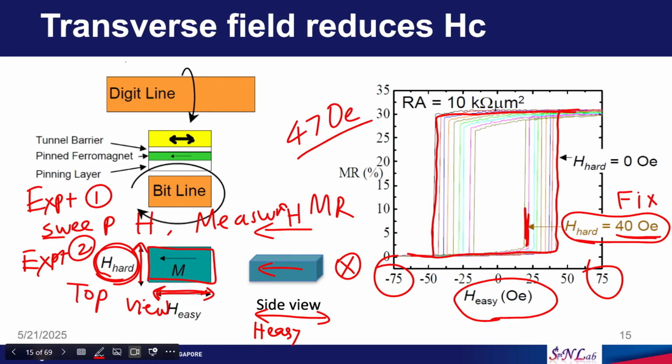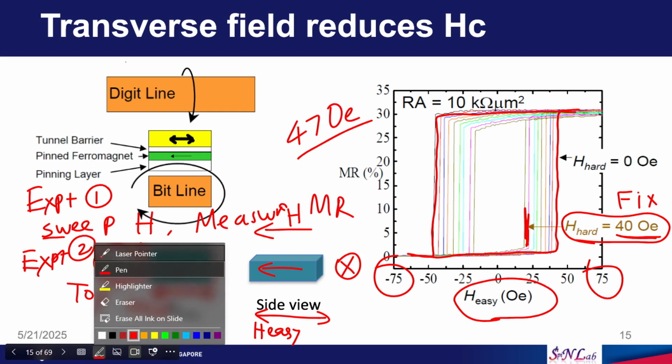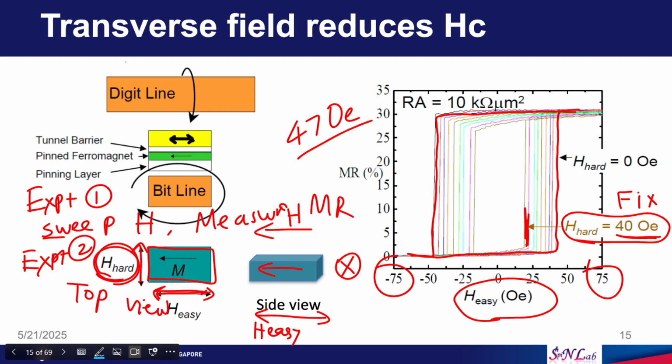So, in this case, let me use another color. When I measure the hysteresis loop, it looks like this. So, we see a hysteresis loop which looks something like this.